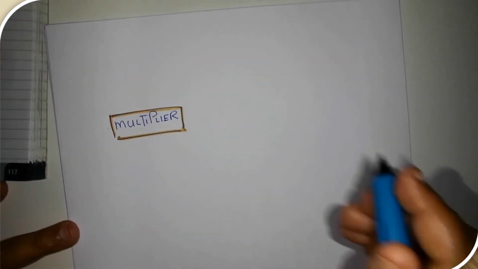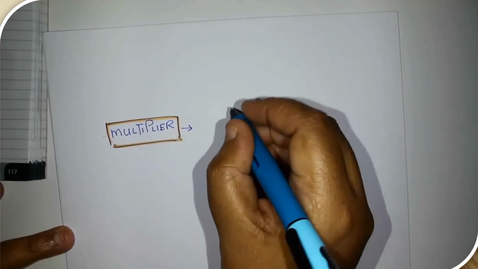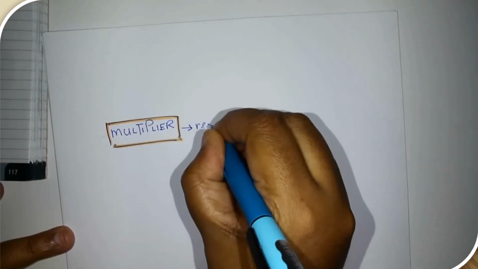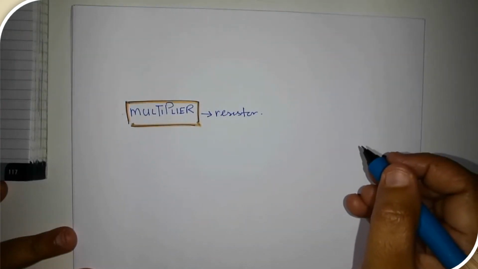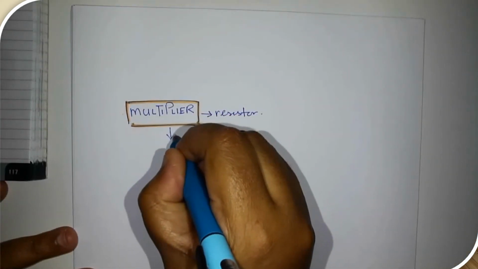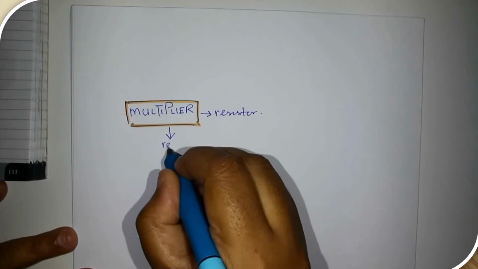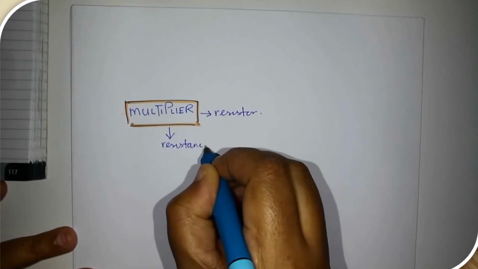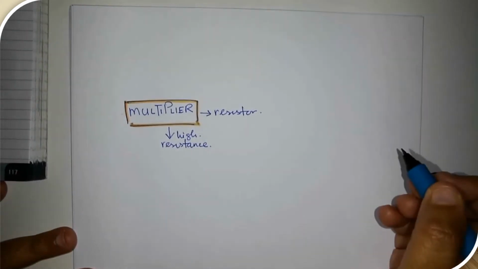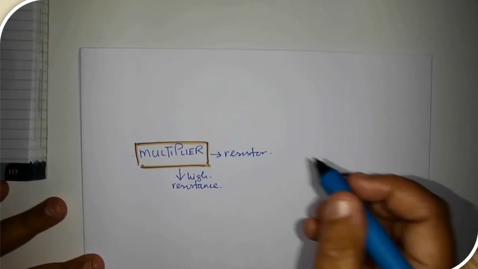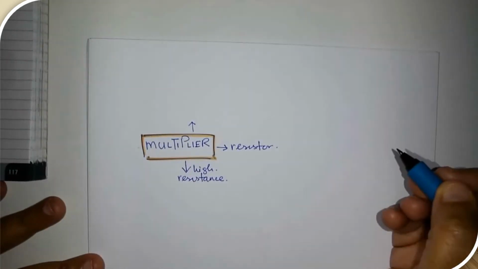First thing we know, a multiplier, point number 1, it is a resistor. And then we also know a multiplier is a resistor which has a very high value of resistance. And how do you use a multiplier?